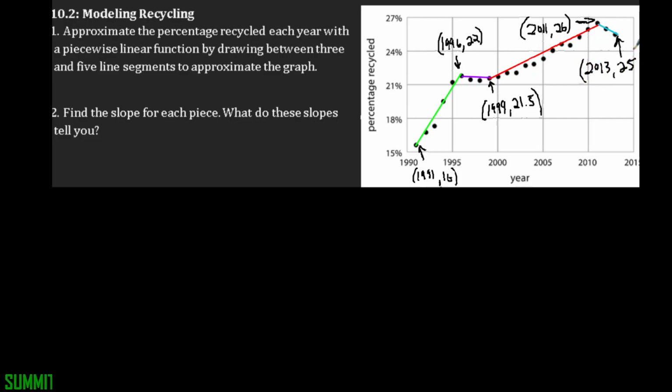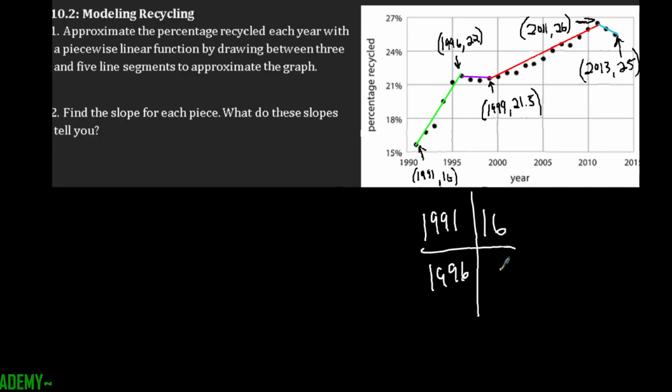And I need these because if I look at number 2, it says find the slope for each piece. What do the slopes tell you? Well, from each of these points, I could say from 1991 to 1996, I'd be able to say, well, this slope is, this is plus 6, and this is plus 5.